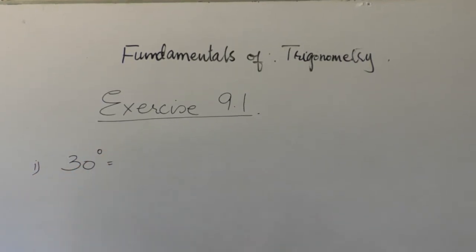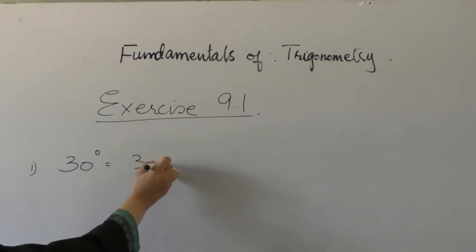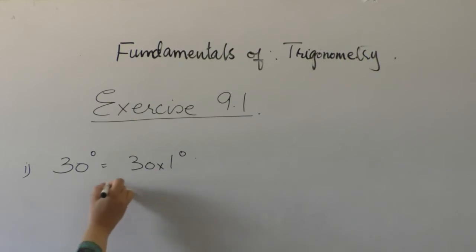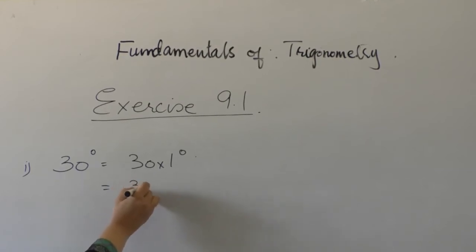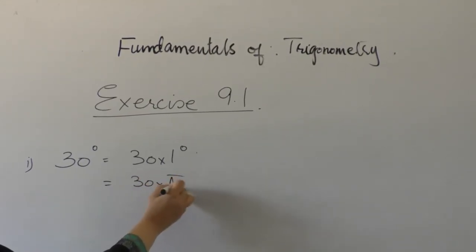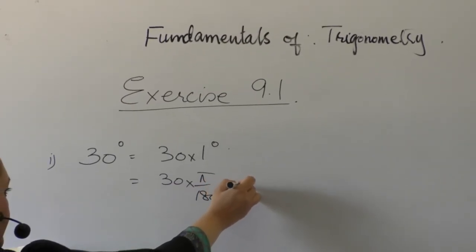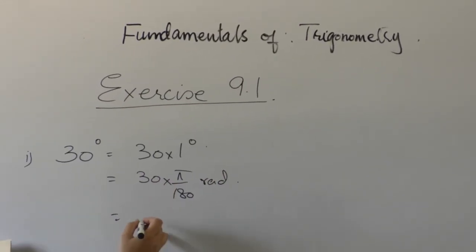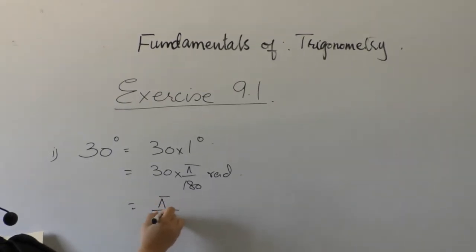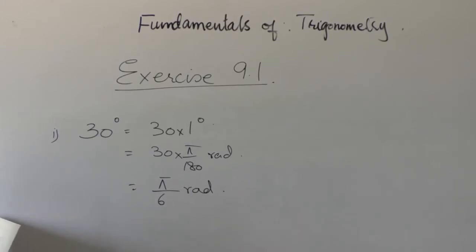As I just told you, we know that 1 degree is equal to pi by 180 radian. So simplify, pi remains as it is, it becomes pi by 6 radian. That's all.